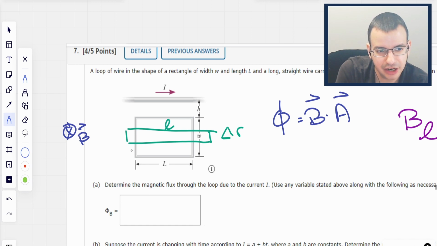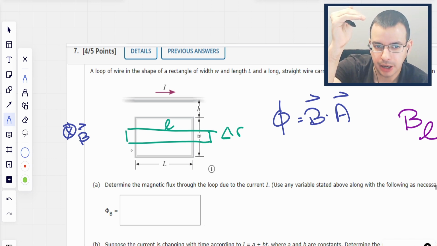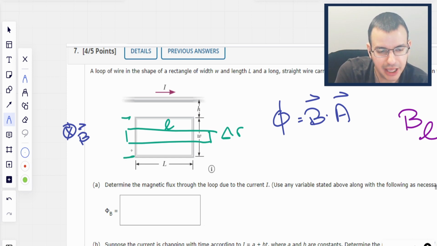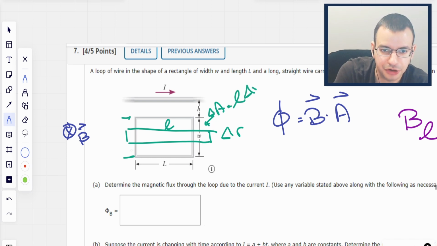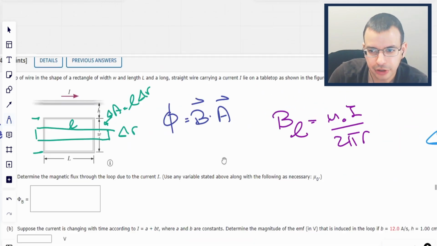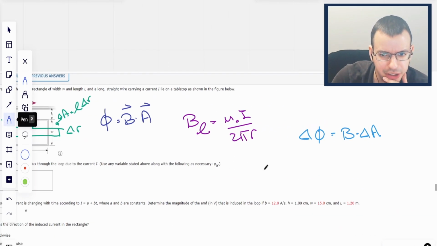Since this area is at a constant radius, we can basically just do the integral from the beginning to the end. This section right here, I'm going to call delta A, for a delta area. It's just going to be L times delta r.